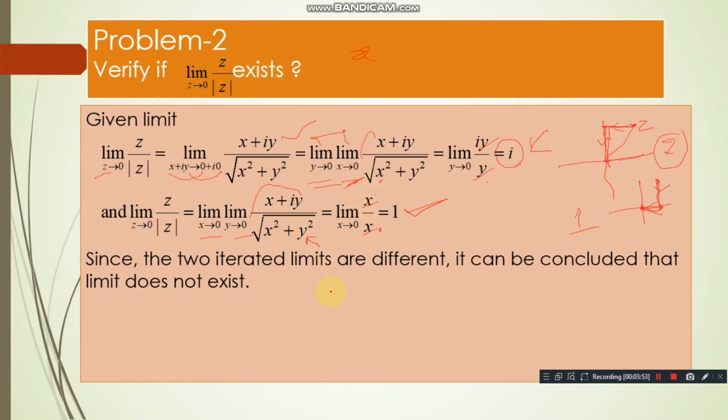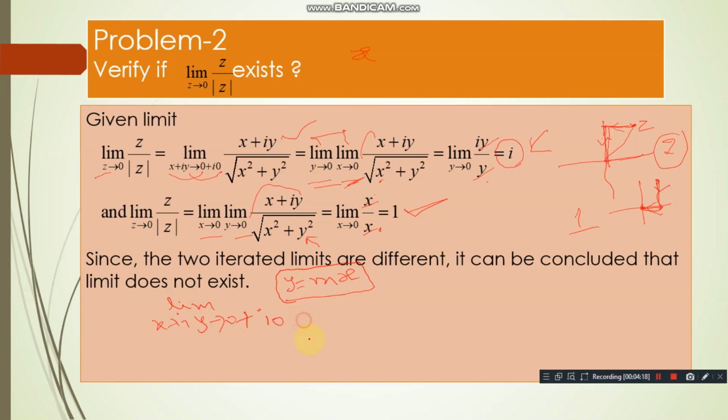The same problem we can do in another way. This is a standard one. For every problem you can implement this. Suppose let us take y is equal to mx. Now by taking y is equal to mx, limit x plus iy tends to 0 plus i0.